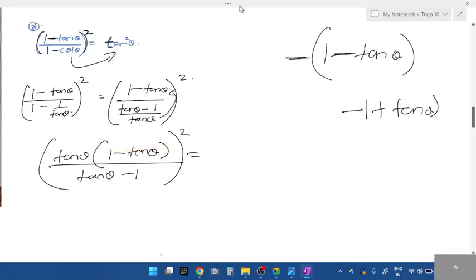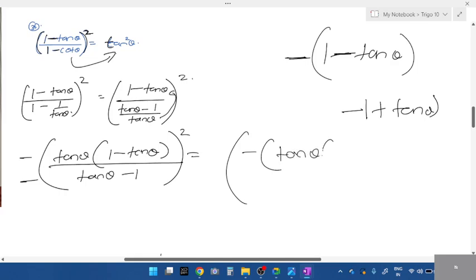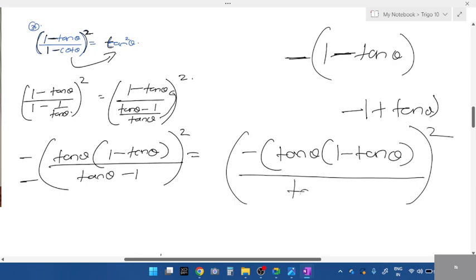One is positive and the other one is negative. So what you do, multiply numerator and denominator both by minus sign. I'll take minus inside: tan theta into (1 minus tan theta). No, only the numerator, students. Entire numerator you can multiply by minus sign, divided by tan theta minus 1.